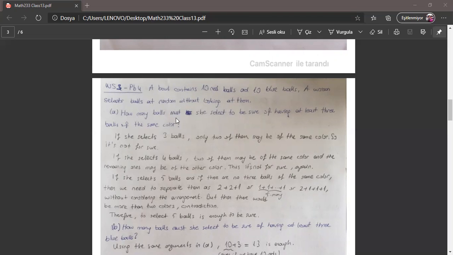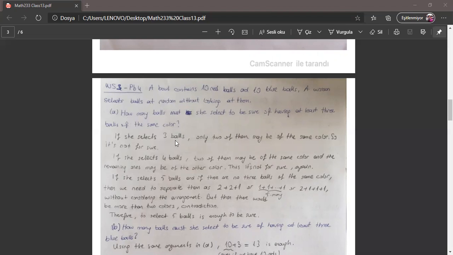Now, how many selections will make her sure that she has at least 3 balls of the same color? If she selects 3 balls, then only 2 of them may be of the same color, so it's not for sure.